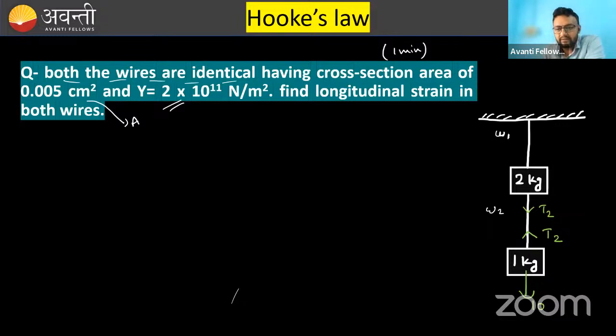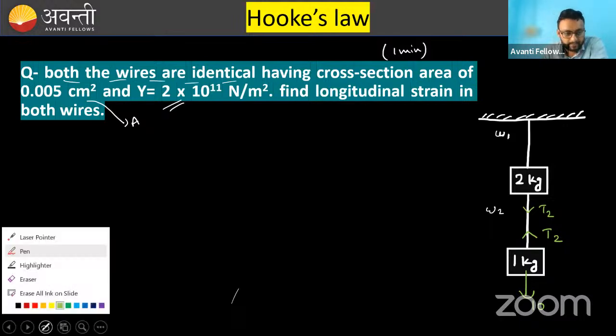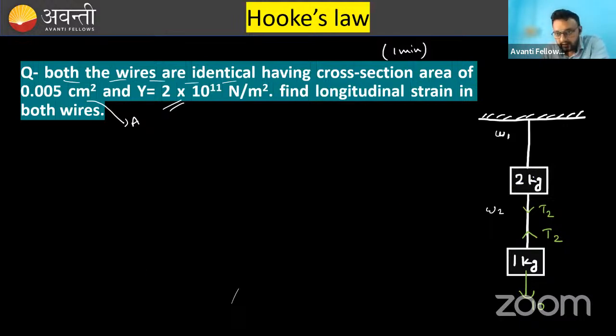We have drawn these forces T2 and T2, and there is a 10 Newton force. Another thing, this 2 kg load will have a weight of 20 Newton, and there will be tensions T1 and T1. Clear?